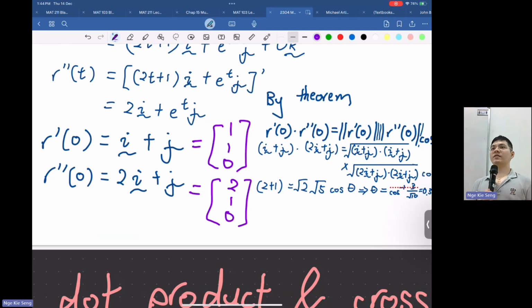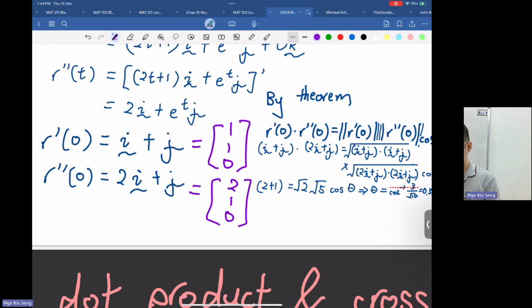A dot B equals to what? Length of A times length of B cos theta, right? So I give you A, B already, you can dot them together. I already give you A, so you can compute the length. I already give you B, you can compute the length. So you can take the cos of the fraction, right?